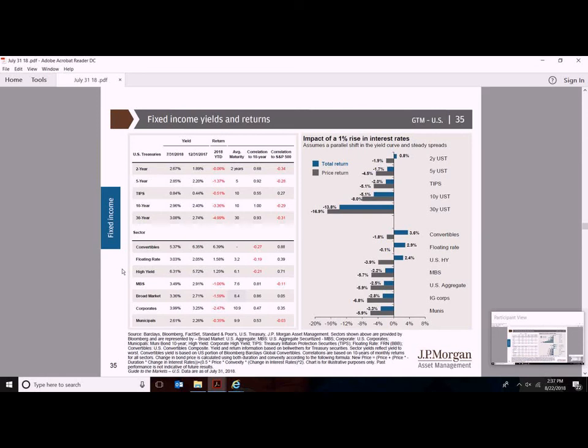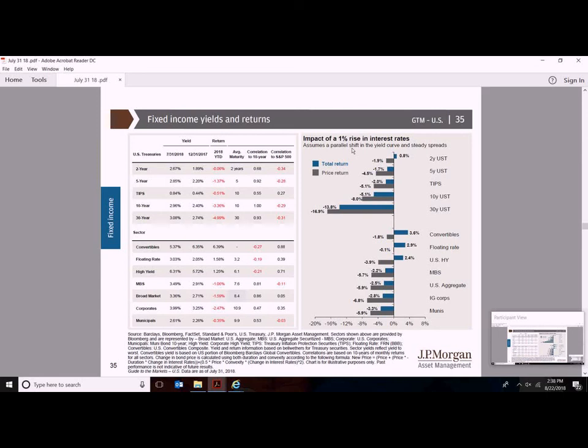What a lot of people don't understand is there's an opposite correlation between rising interest rates and fixed income or bond prices. So this slide will show us the impact of a 1% rise in interest rates. And what happens is it's like a seesaw.